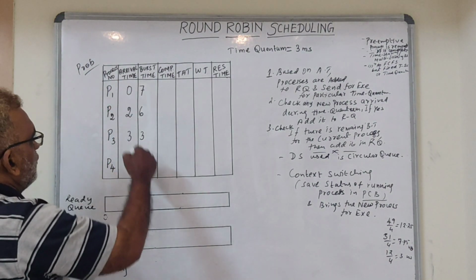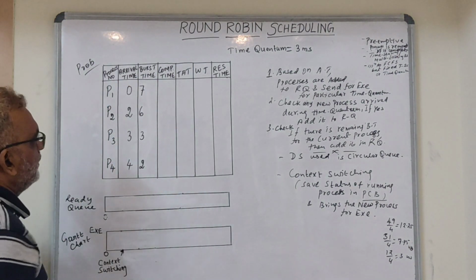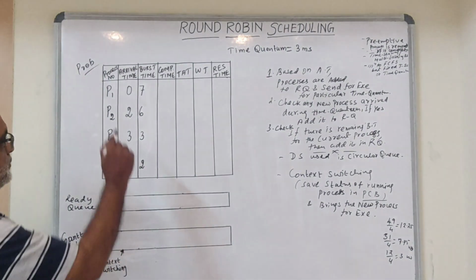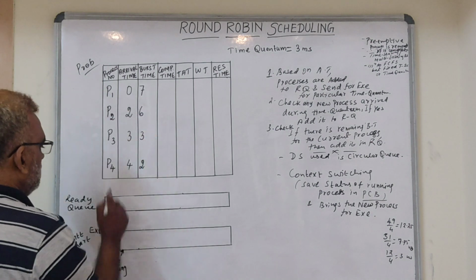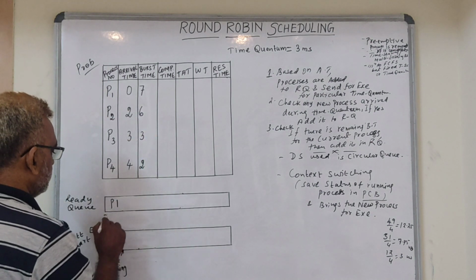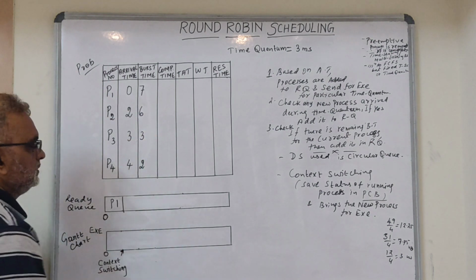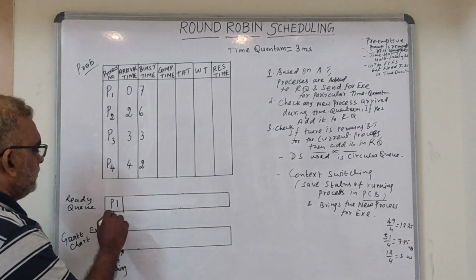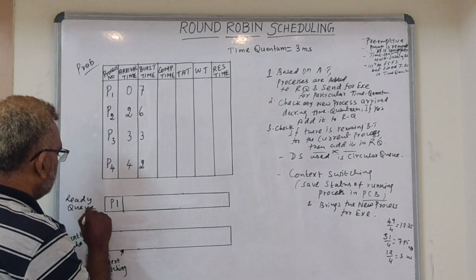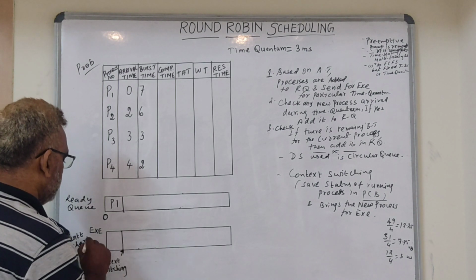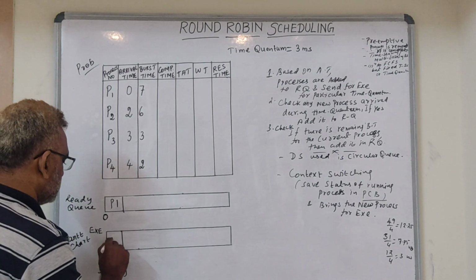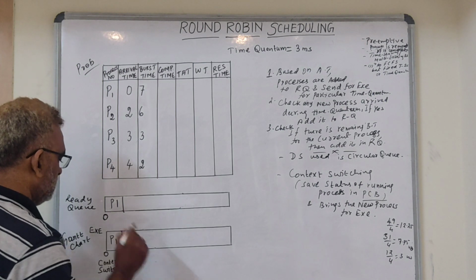Initially we have to check the arrival time of the processes, to see which process enters first. So at time 0, process 1 enters. Once it is added in the ready queue, the process will be transferred to the processor for execution.